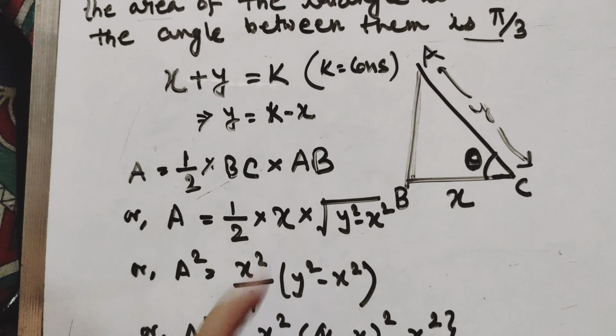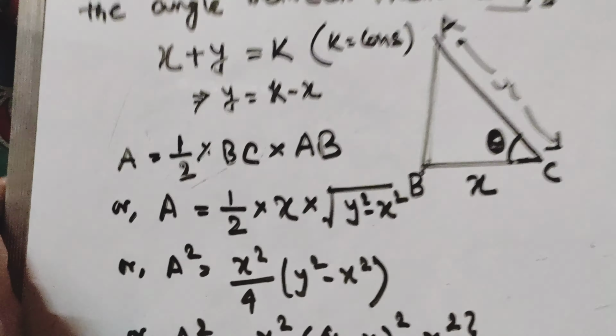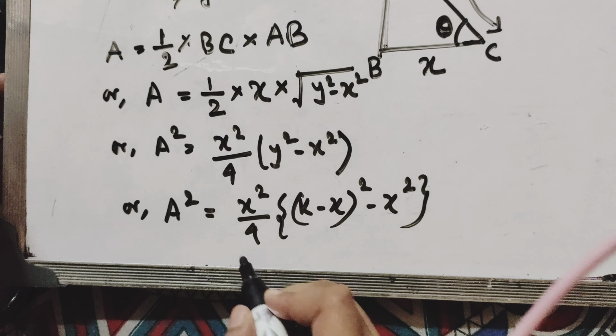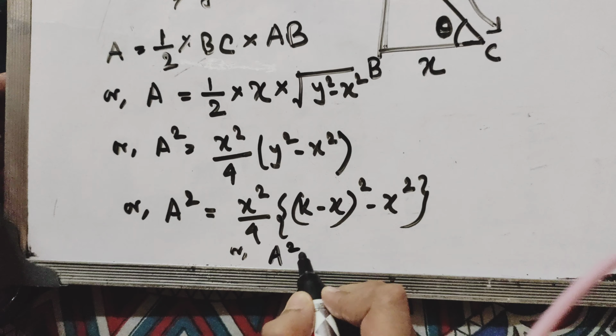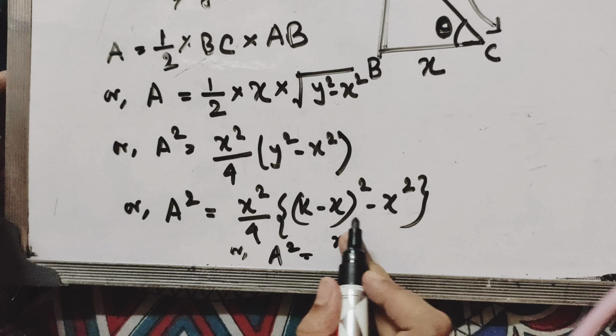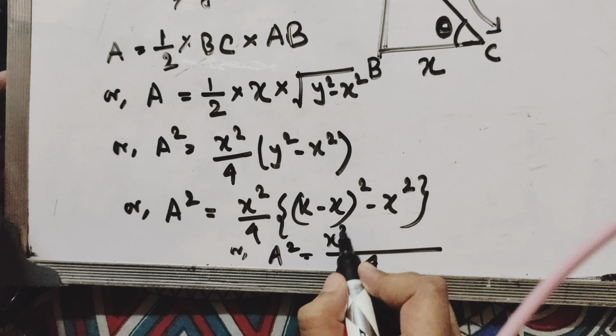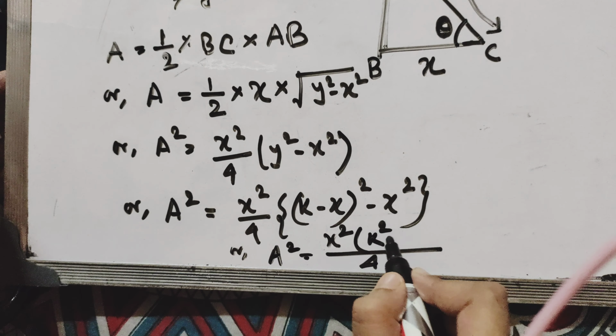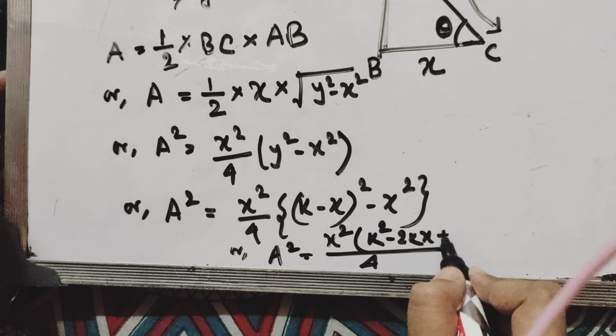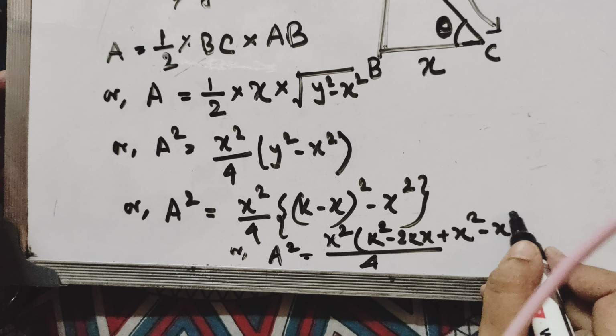Now if we simplify this, A square equals x square divided by 4 into k square minus 2kx plus x square minus x square.